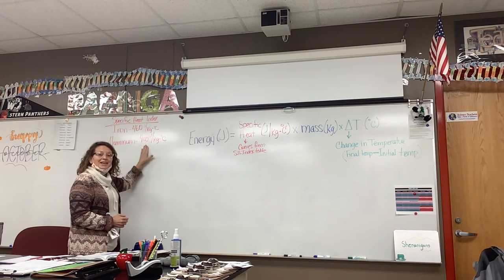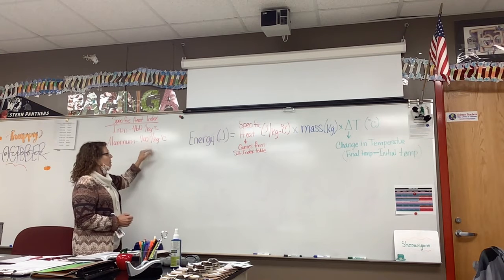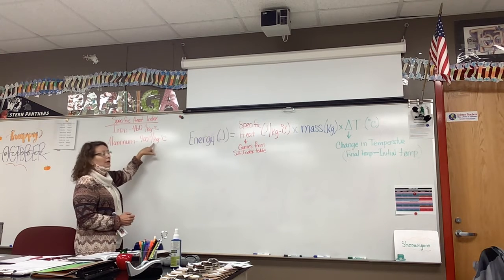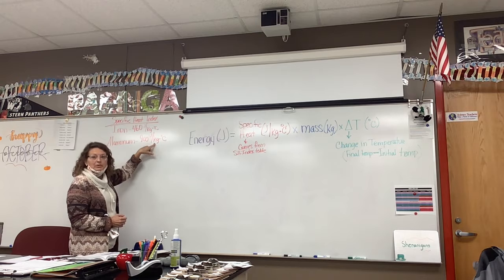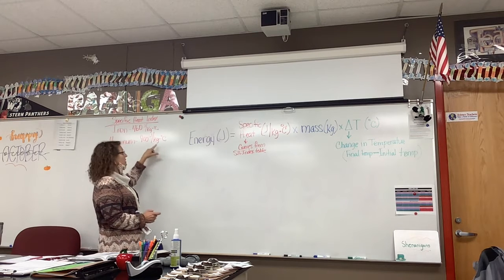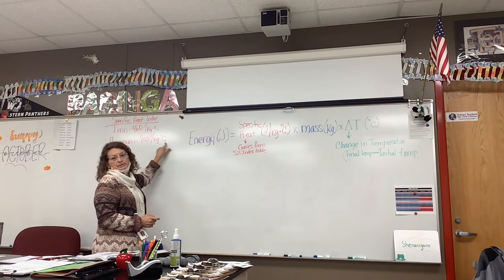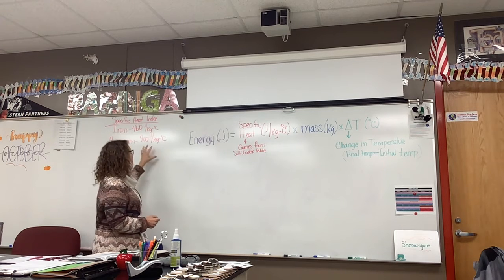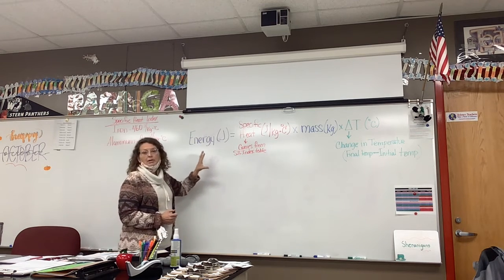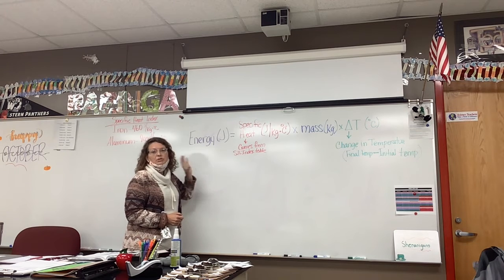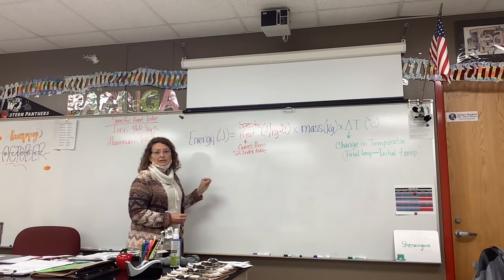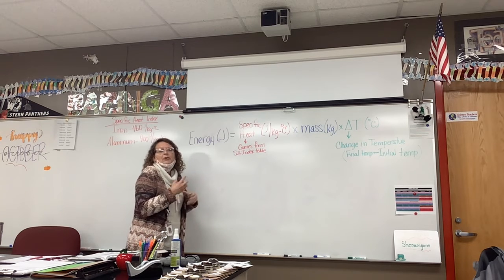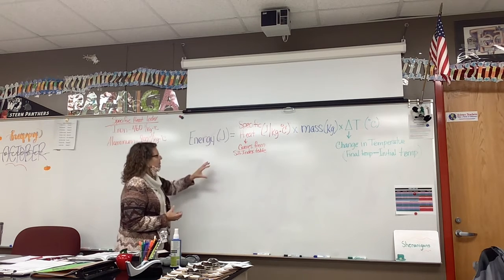It requires 900 joules of energy per 1 kilogram to raise it 1 degree Celsius. You have to carry those units whenever you write it. Whenever you do these equations, you have to show all work, which means you have to show the units so that you can see how they fall out and move around.